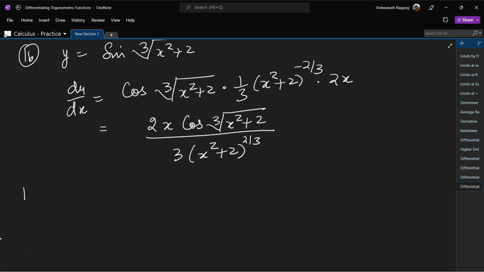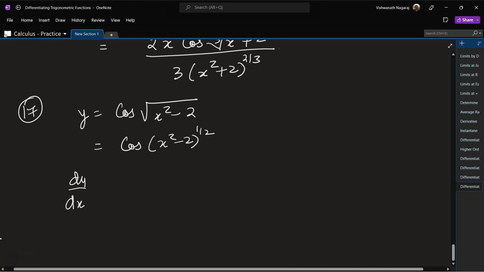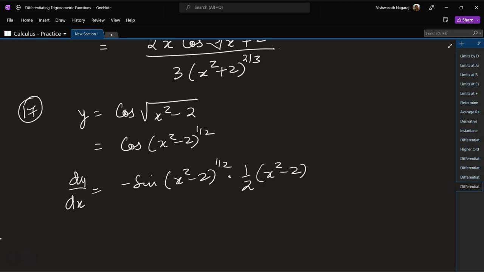Okay, 17th one. Y is equal to cos of square root of x square minus 2. Okay, so again we can write this as cos of x square minus 2 to the power of 1 by 2. So dy by dx is equal to, cos is minus sine x square minus 2 to the power of 1 by 2 times 1 by 2 times x square minus 2 to the power of half minus 1, which is minus half, times 2x.